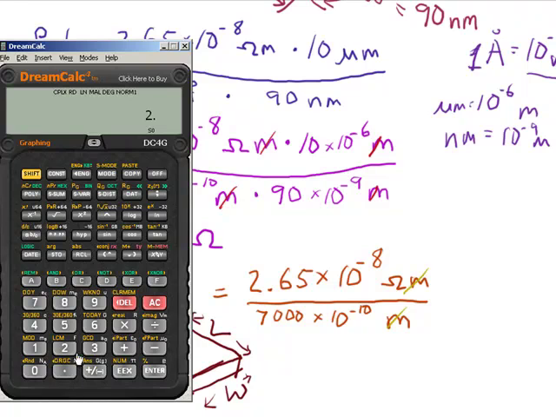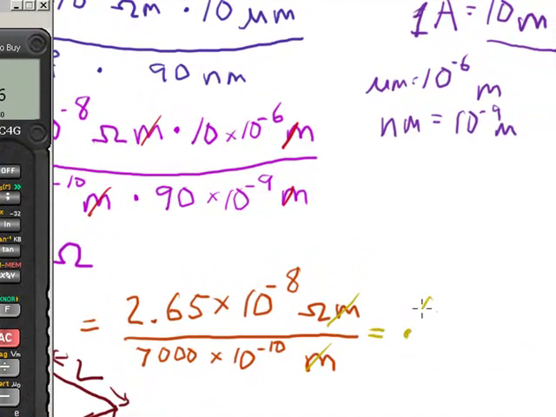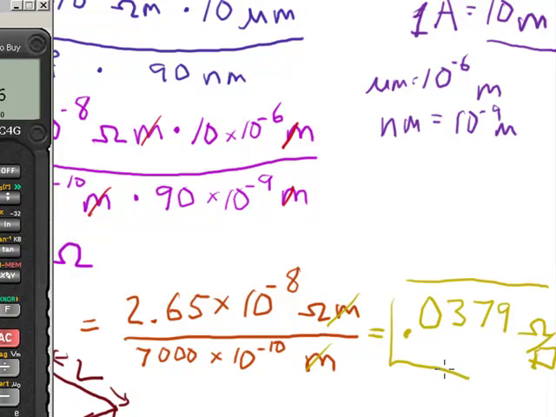So it's 2.65 times 10 to the minus 8 divided by 7,000 times 10 to the minus 10. That comes out to be equal to 0.0379 ohms per square. So the units for sheet resistivity are typically ohms per square.